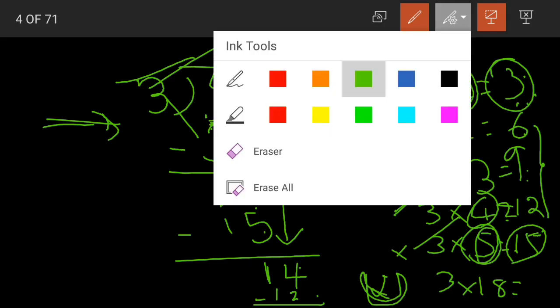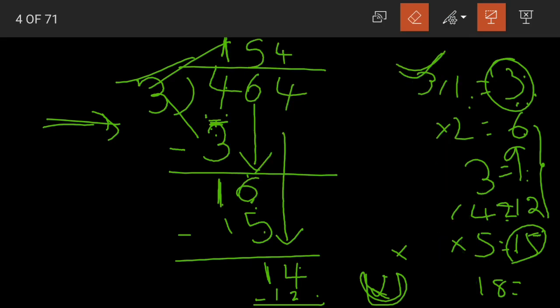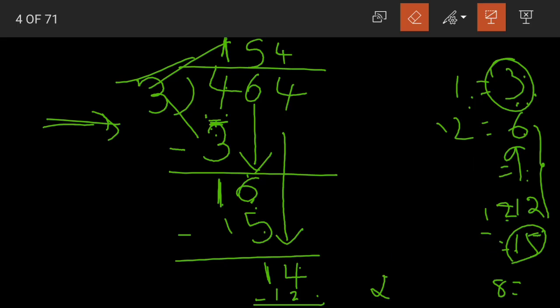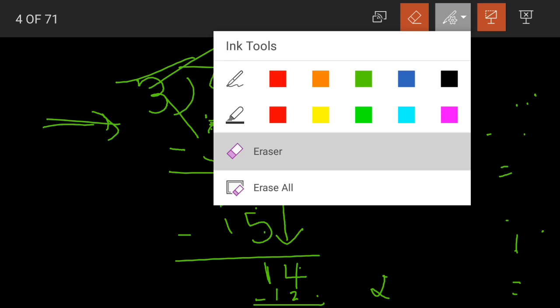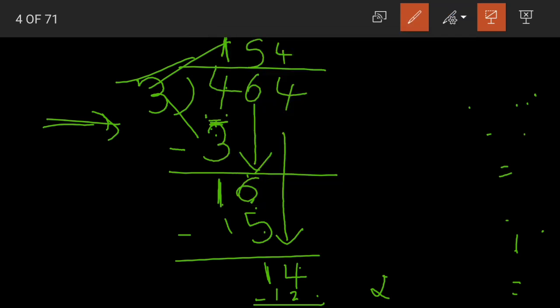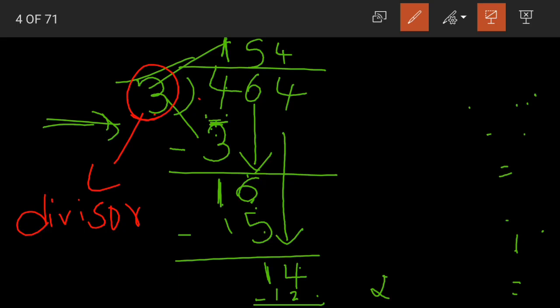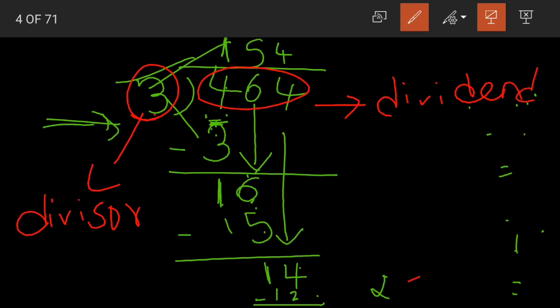Now from this, what are the dividend, divisor, quotient and remainder? Wait, let me erase all this stuff. Okay. Now 3 is doing the work of division, so it becomes the divisor. 464 is being divided, so it becomes our dividend. 2 is remaining at the last, so it becomes our remainder.